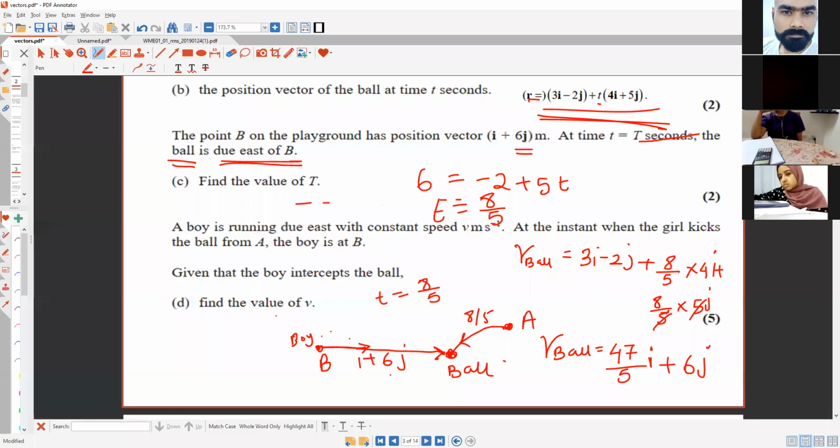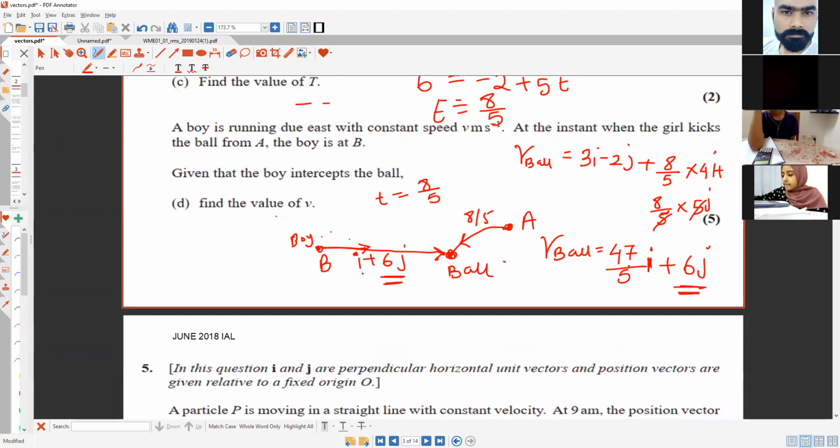Can you see it did not travel anywhere vertically, but it traveled only in one direction, horizontally. The i value has changed, but the j value has not changed. All of you got that part? So what is the distance traveled by this boy?